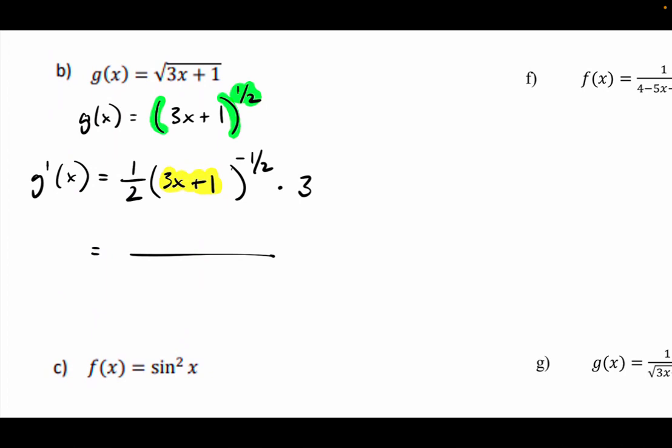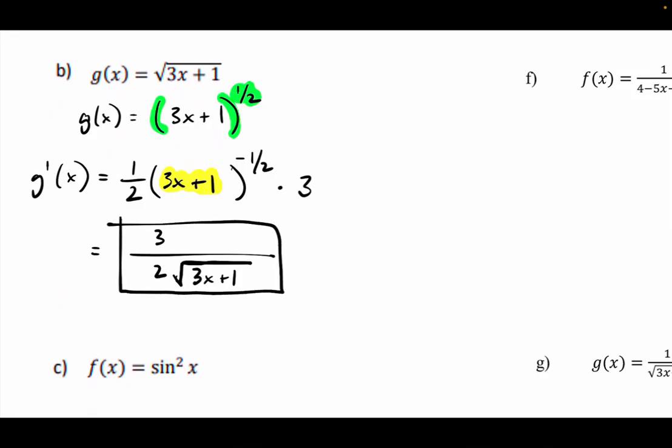So I'm going to make a fraction, so it's going to be 3 on top, 2 on bottom. I'm going to put the root back in, but it's a negative 1/2, so that's going to go to the bottom. So it's going to be root 3x plus 1. Is that 2 root or is that 2 times root?